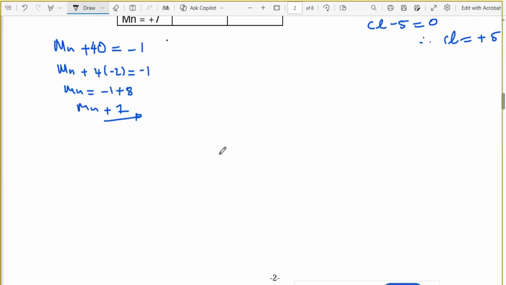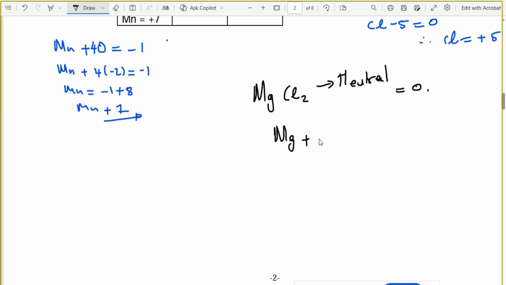Look at this, ne? So if I have the magnesium chloride, we know that the magnesium chloride is a neutral compound, ne? Right. So since it's neutral, the sum of the oxidation numbers should be equal to 0. Let's say we need this for magnesium chloride. It reacts with 2 of the Cl.